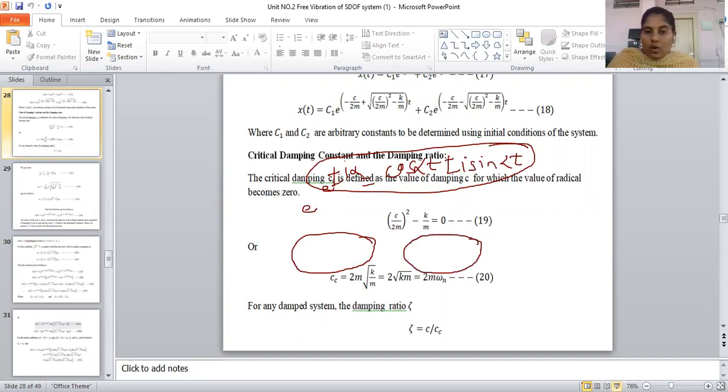By putting this formula here, the sin term comes to one side and the cos term to the other side. So x of t will be e raised to minus zeta omega n t into C3 into the cos term plus C4 into the sin term. Why are C3 and C4 written? C3 is for C1 plus C2 and C4 is for i into C1 minus C2.